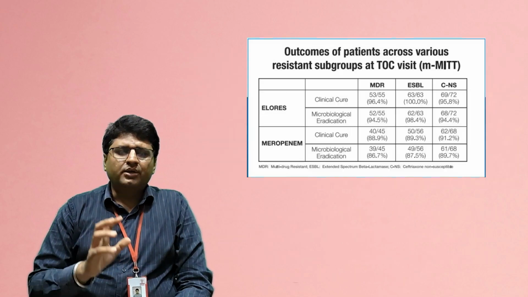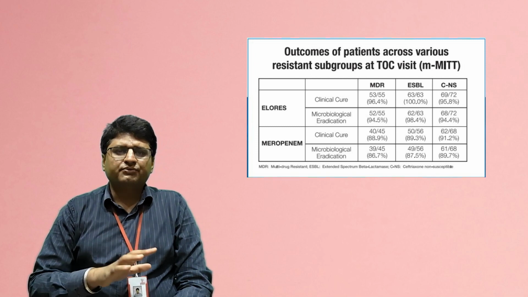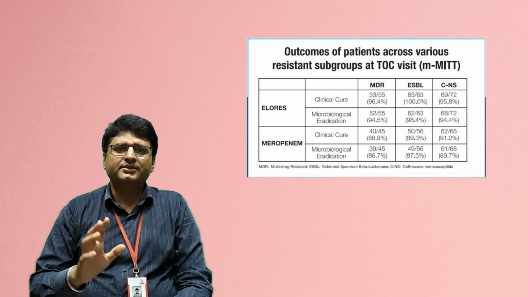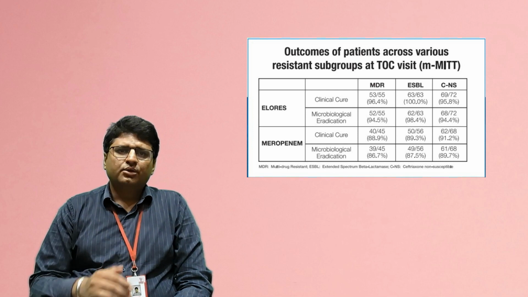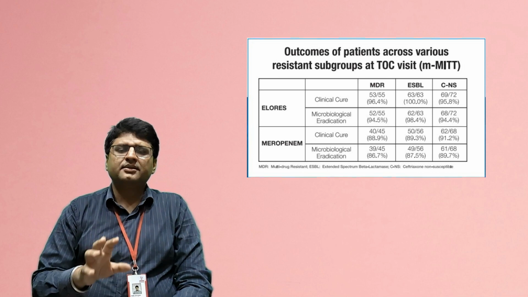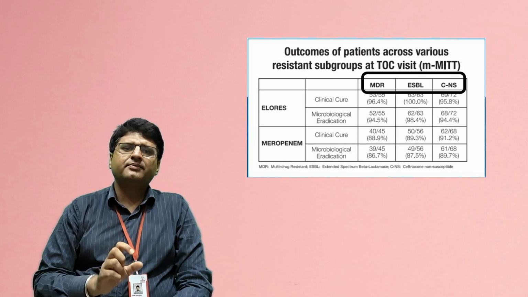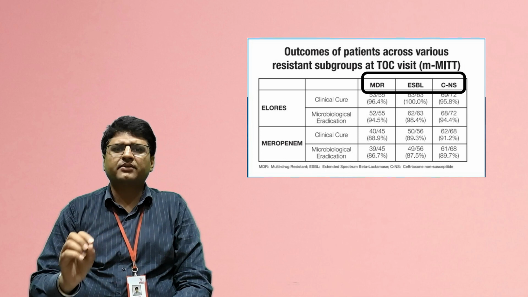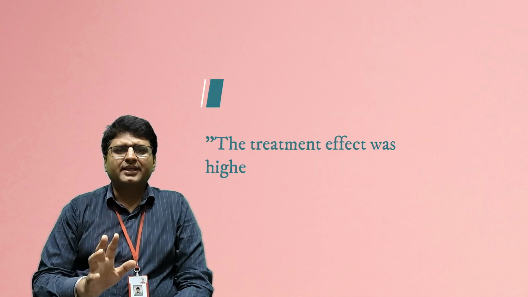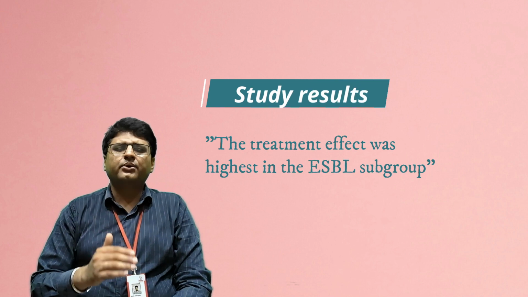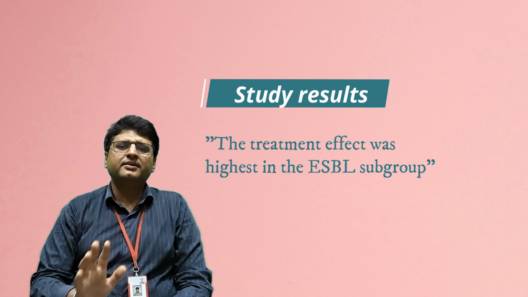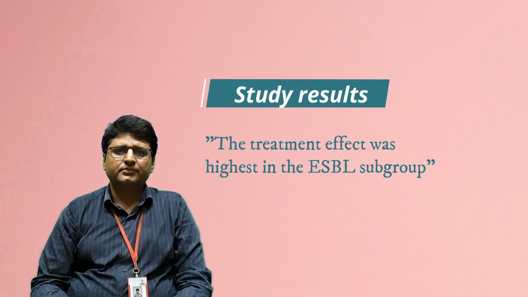Now coming to the outcomes of patients across various resistant subgroups at TOC, the test of cure visit. Clinical cure and microbiological eradication were analyzed for different resistant subgroups like MDR, ESBL and ceftriaxone non-susceptible. The maximum clinical cure and microbiological eradication was observed in the ESBL resistant subgroup.